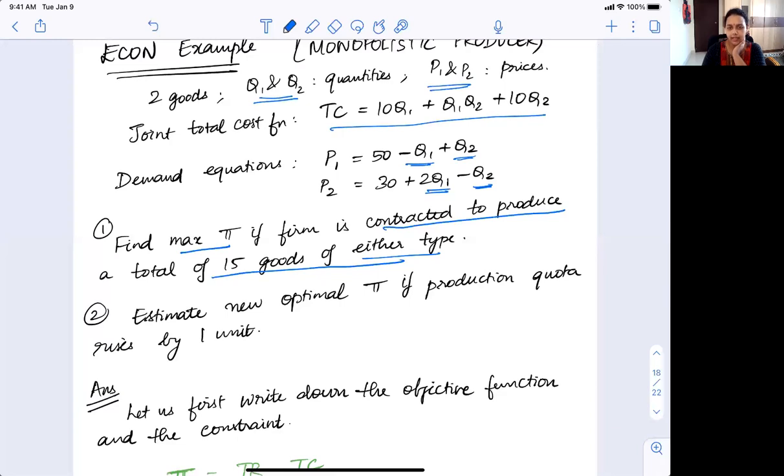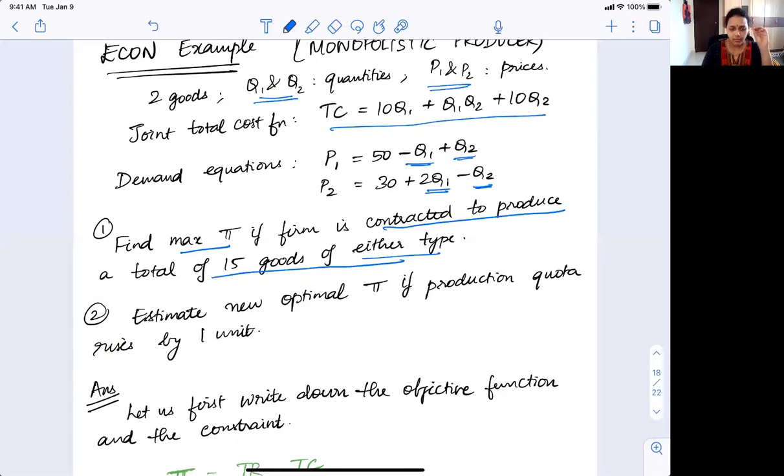So one way of reading that is saying maybe the total amount of good 1 and 2 that it produces looks like that is capped at 15. So that seems to look like a constraint. So maybe we want to maximize this profit subject to a particular constraint here. So this is a constraint optimization problem.